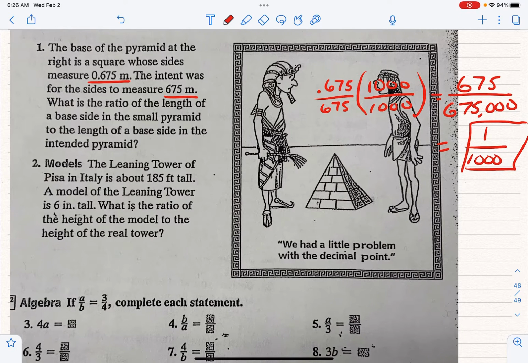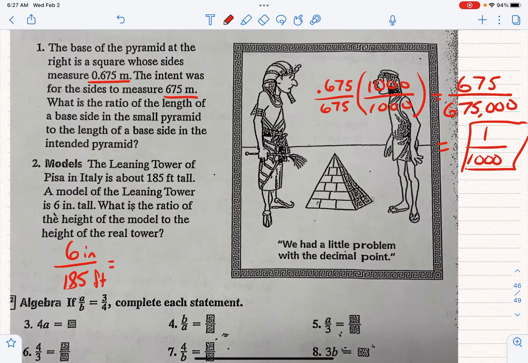Okay. Number 2, the Leaning Tower of Pisa in Italy is about 185 feet tall. A model Leaning Tower of Pisa is 6 inches tall. What is the ratio of the height of the model to the height of the real tower? Now, some people are going to be tempted to say 6 to 185, and that is wrong unless you say 6 inches to 185 feet. And even there, we want to talk about the same units at the same time. So I can do this 2 different ways. I can convert everything to feet or convert everything to inches.